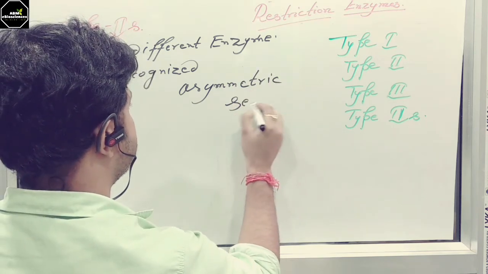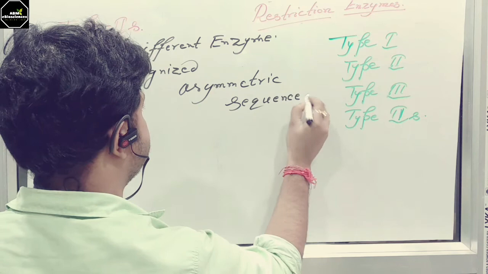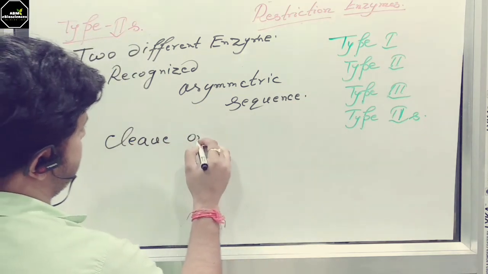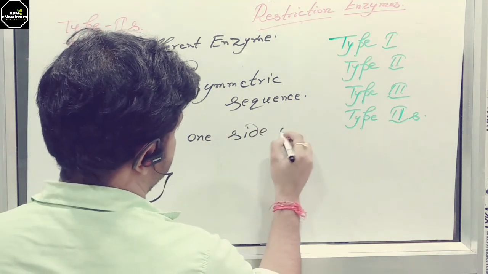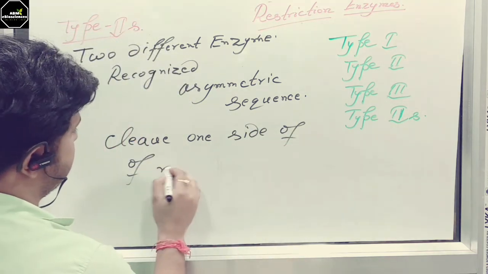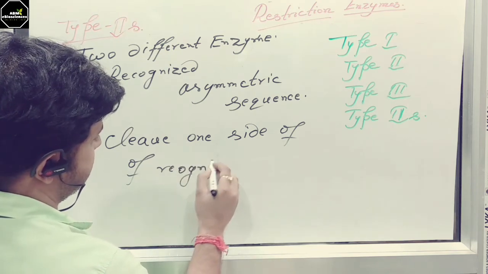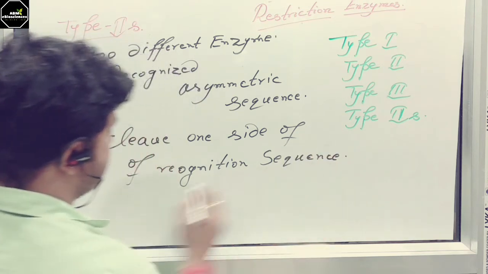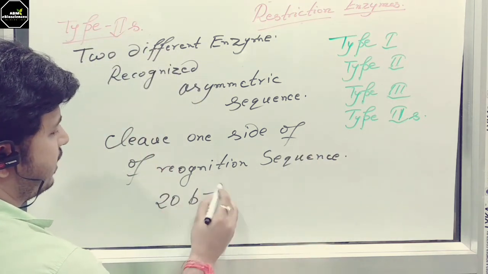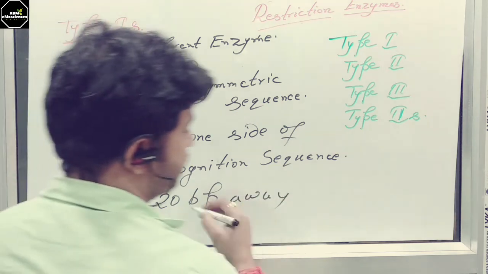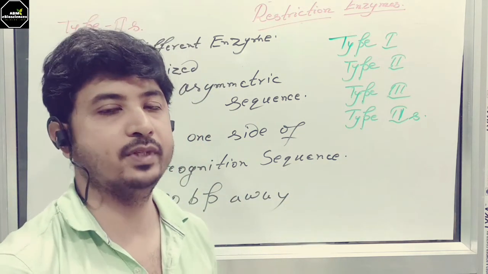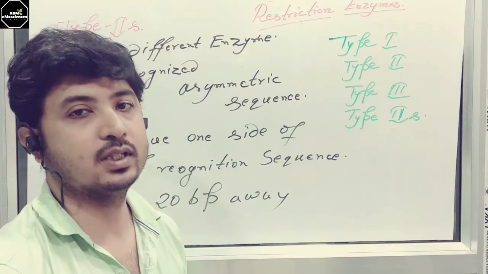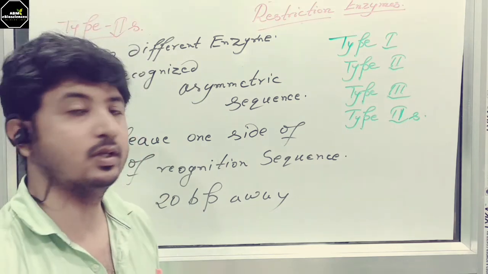It will cleave one side of the recognition sequence, and that will be around 20 bp away. So 20 bp away from the recognition site, this enzyme has the specificity to cleave. So it can be any sequence, but it is around 20 bp away from the actual recognition site.